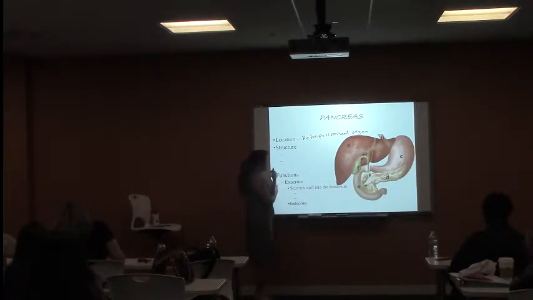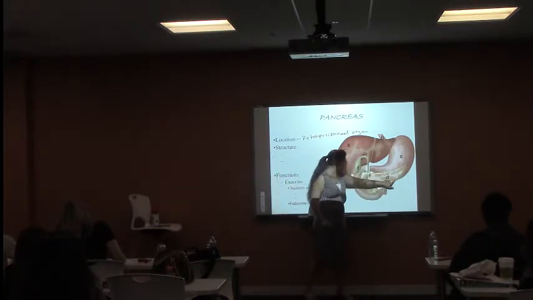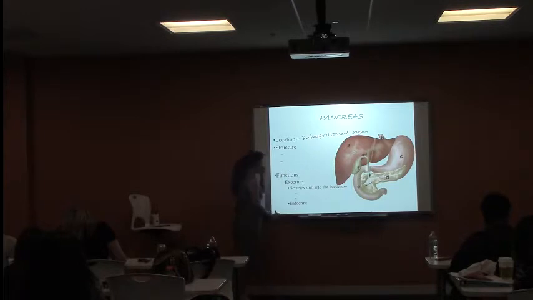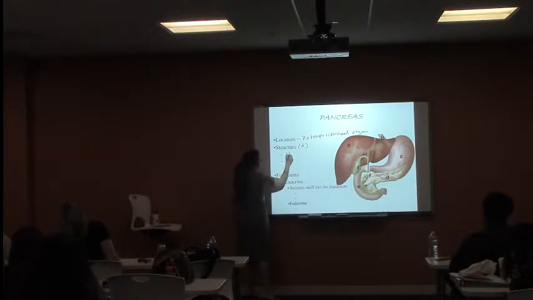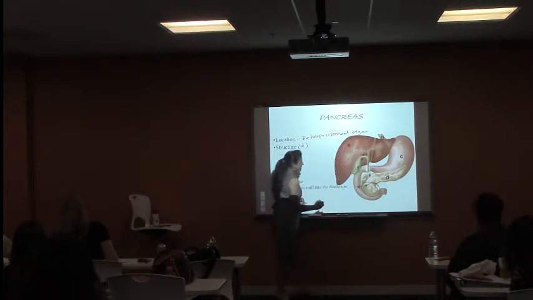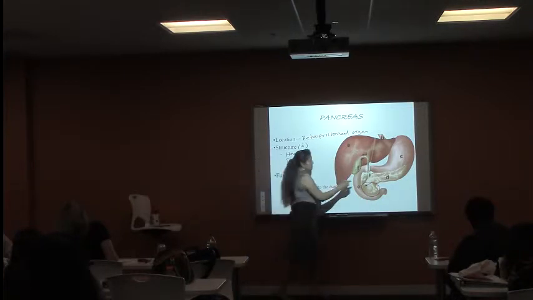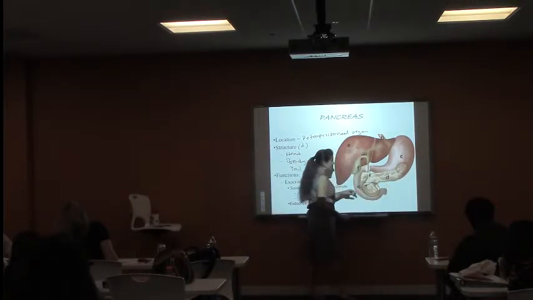Now, the pancreas is D right here. This is the pancreas. So it's D. It has the head, which is this portion. Then it has the body. Then it has a tail. So this right here is the tail.